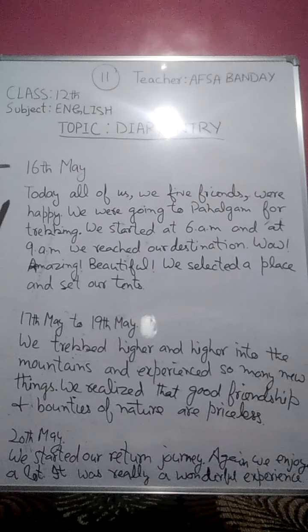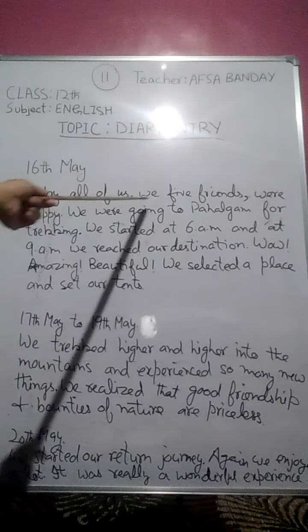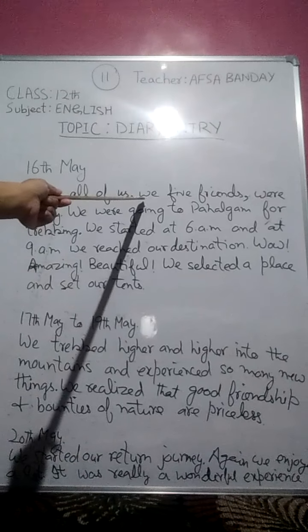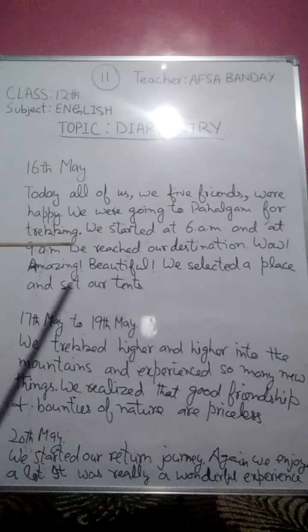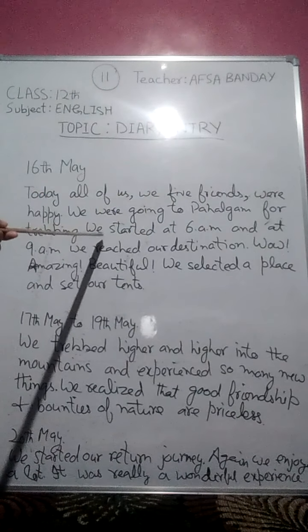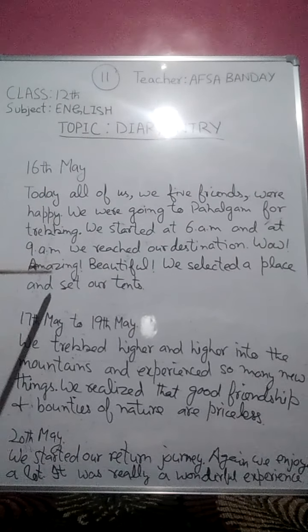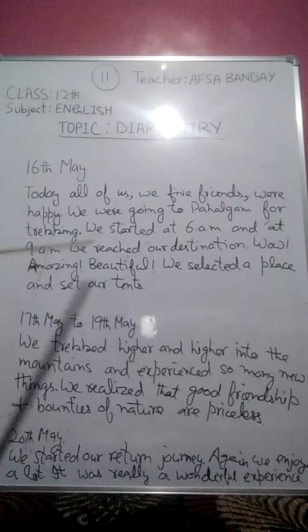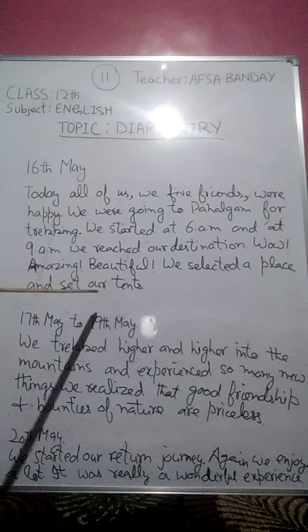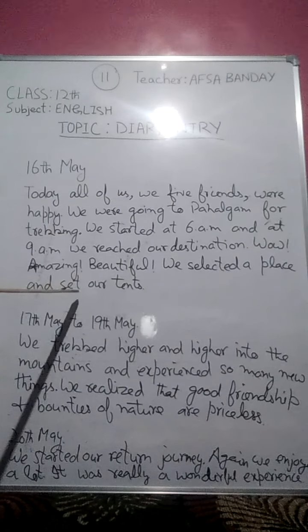Like, you will start with the first day, the day on which you started your journey, and what happened with you that day. Here again we have used the first person pronoun we, and then you were five, and what happened with you, where did you start, how you were feeling, and when you reached your destination, how you felt. And then you can write what you did during the whole day.